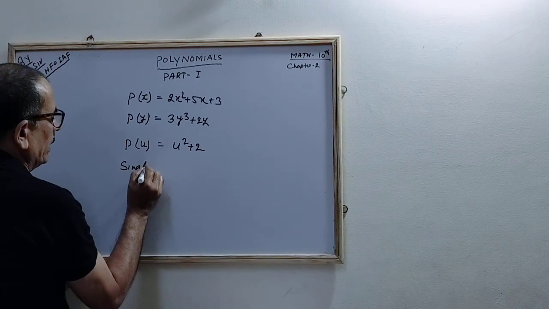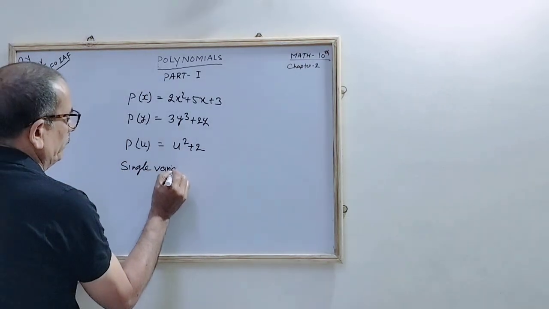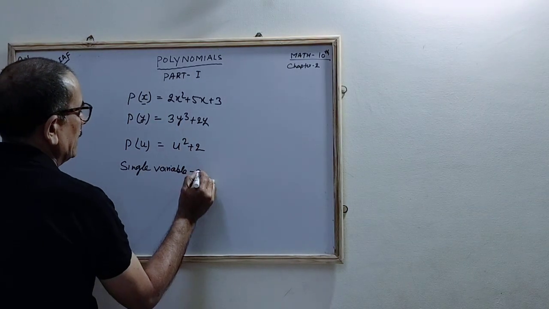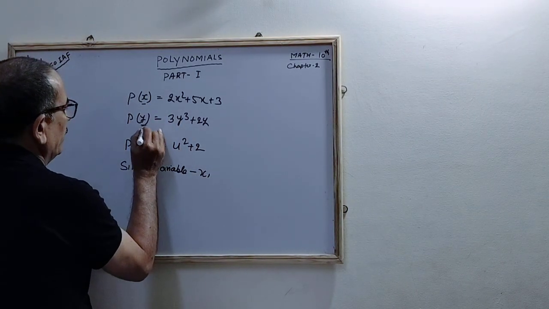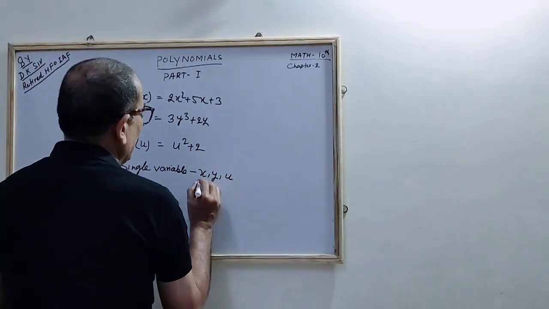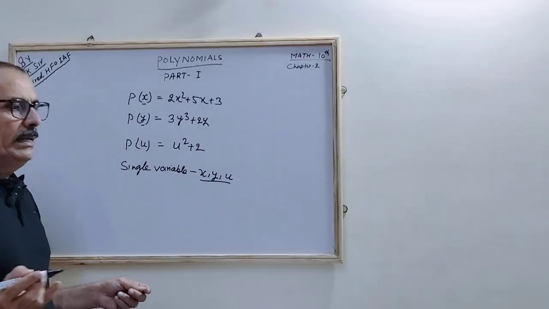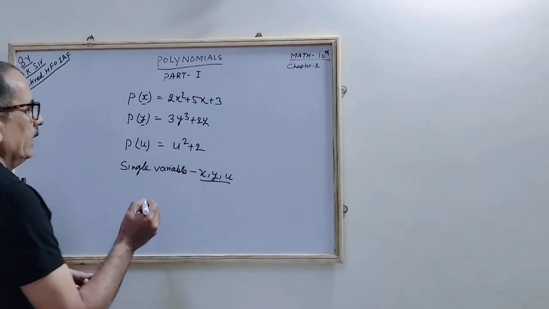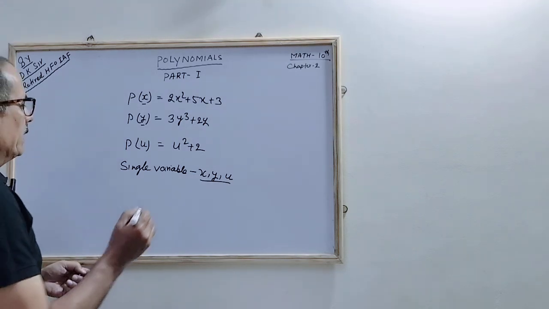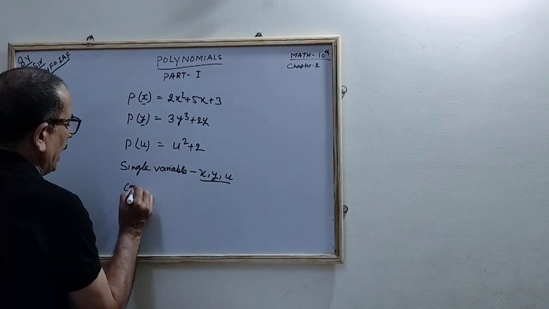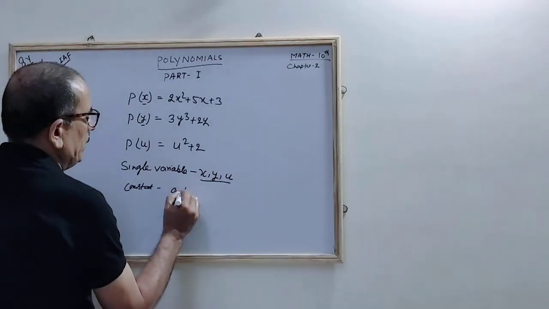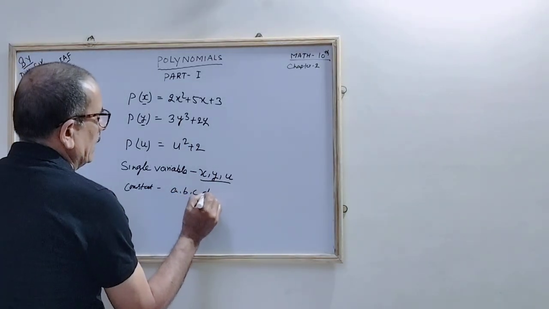What is that? In a single variable. In the first, the variable is x. In the second, the variable is y. In the third, the variable is u. Normally x, y, z, u, t, these are the variables we use. And for constants, we are in the habit of using a, b, c, d, etc. Correct?